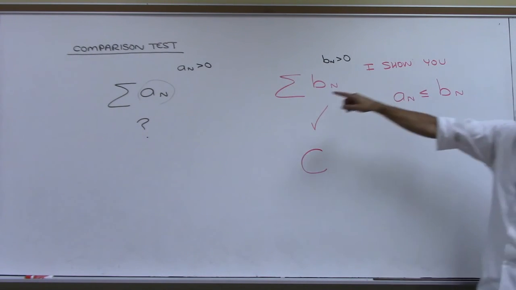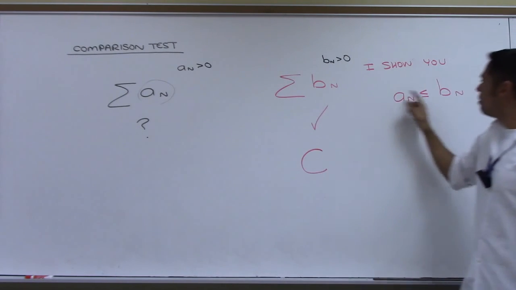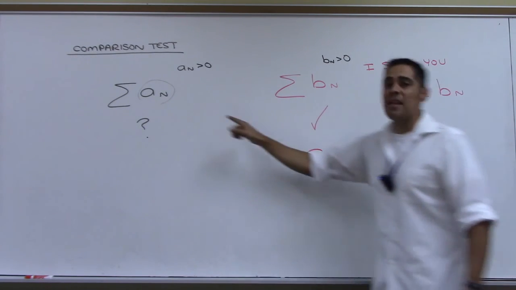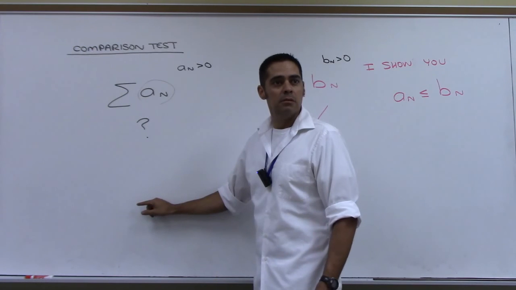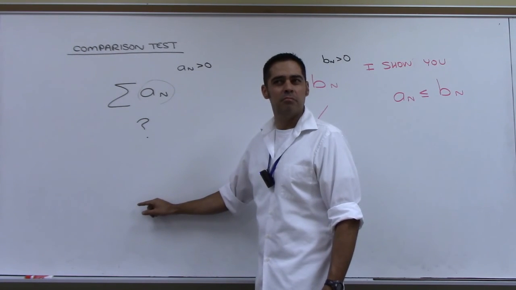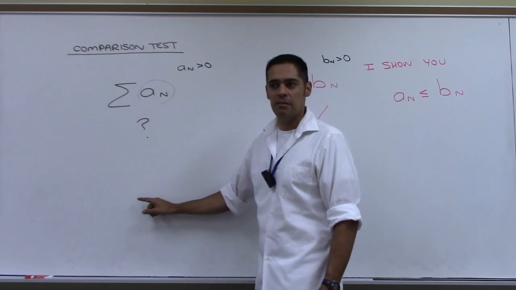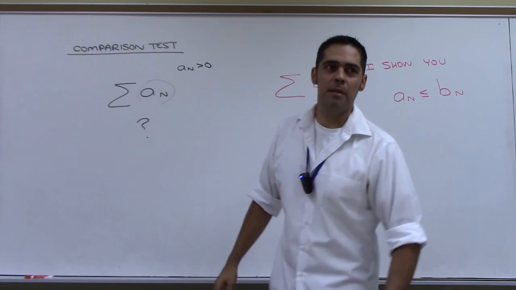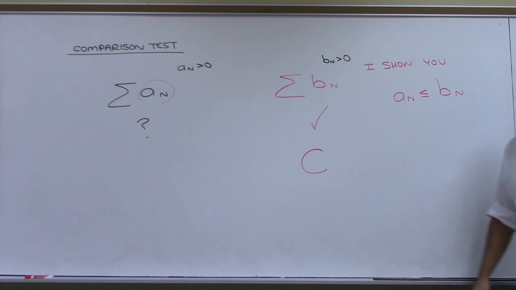Then if those positive numbers are smaller than these positive numbers, then that must add up to be a number. Does that make sense? Show of hands?